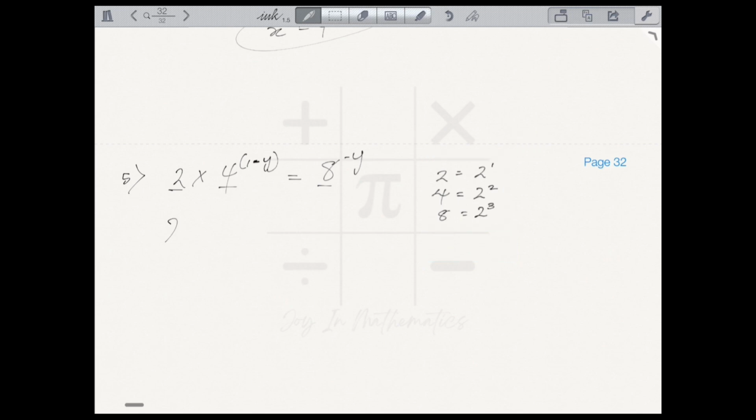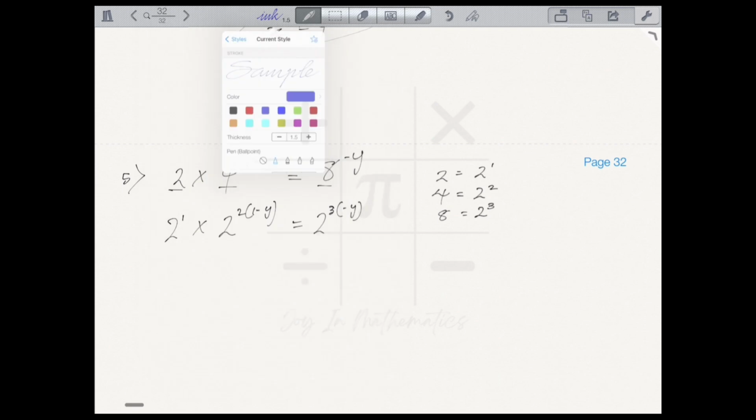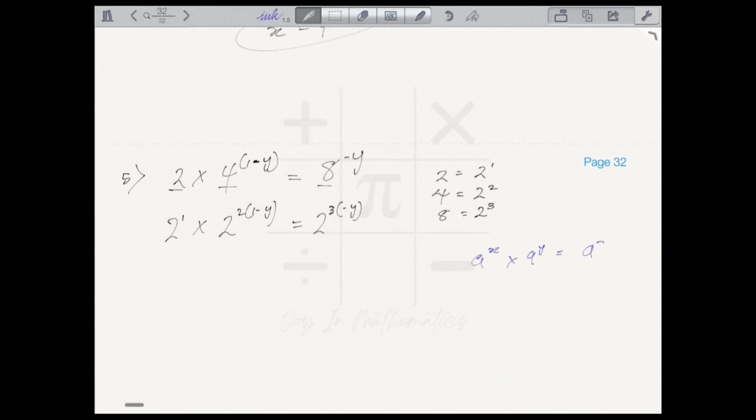So let's change the terms. This becomes 2 raised to the power 1. 4 becomes 2 raised to the power 2 into 1 minus y. And 8 becomes 2 raised to the power 3, all raised to the power of minus y. Now we have the addition law here. Addition law, as we all know, is a raised to the power x multiplied by a raised to the power y is equal to a raised to the power x plus y.